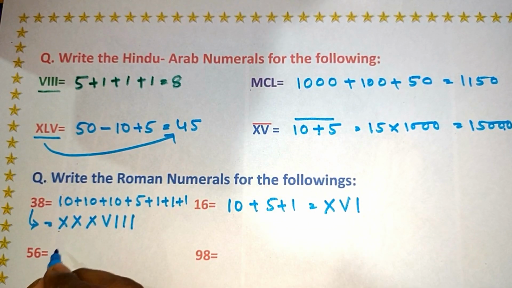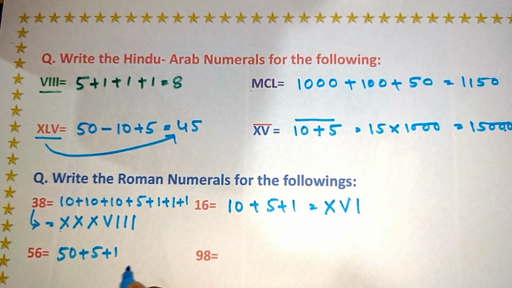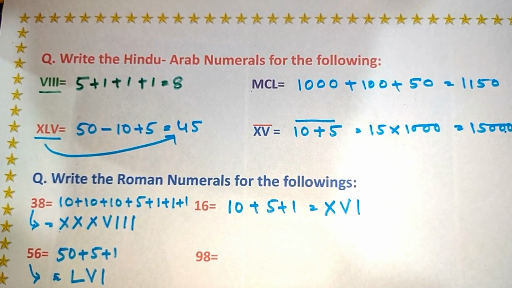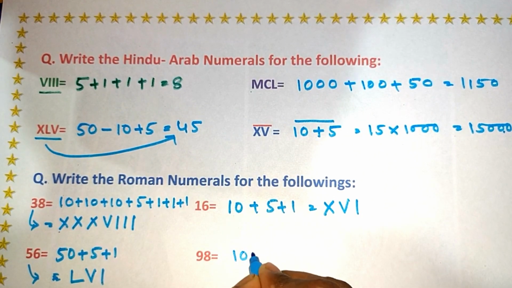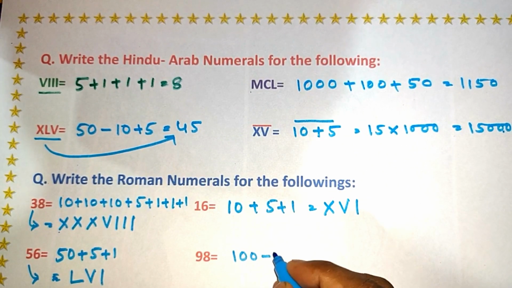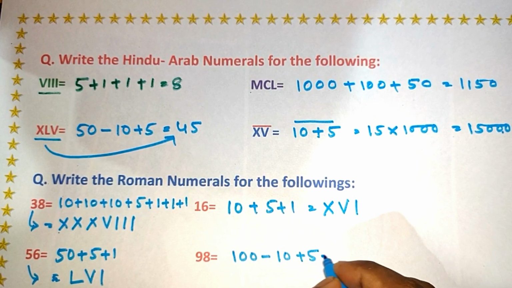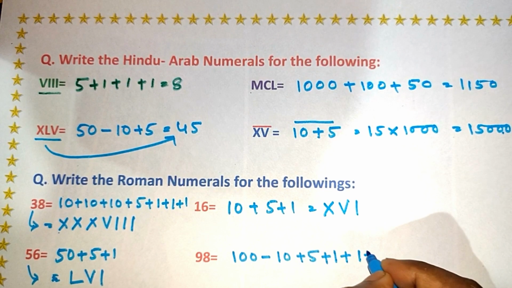Now 56 can be written as 50 plus 5 plus 1. L, 5 is V and 1 is I. So 56 is represented by LVI. Now 98 can be written as 100 minus 10 plus 5 plus 1 plus 1 plus 1.